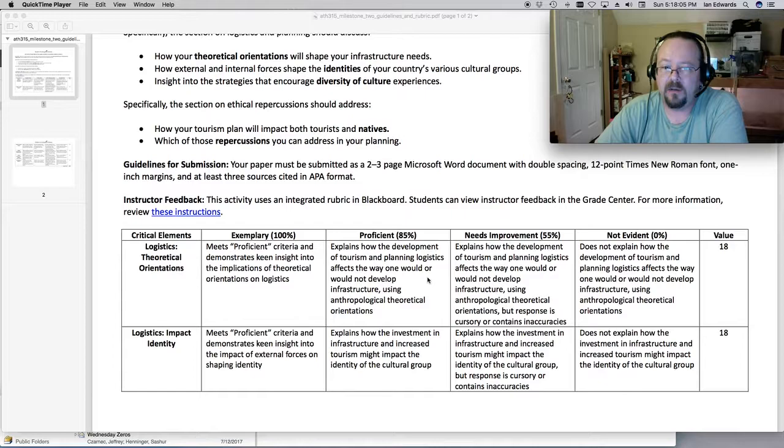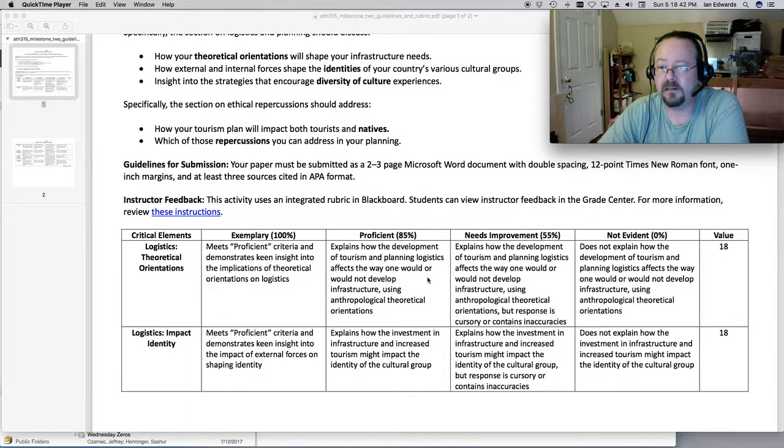What are the specific logistics that you're going to need to have those things happen? And you're going to want to use anthropological perspectives to help outline that. For example, if you're planning on having tourists come in and visit some indigenous group or traditional society within your country, are there places for people to stay?